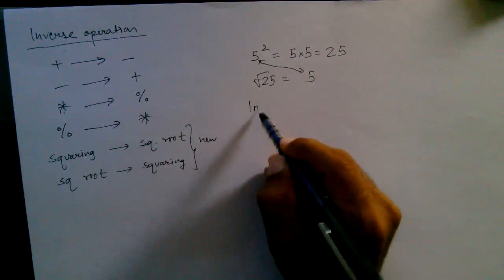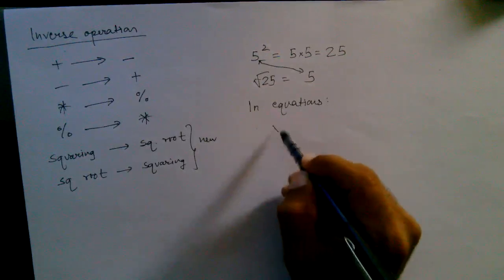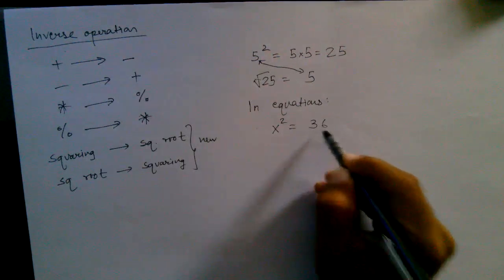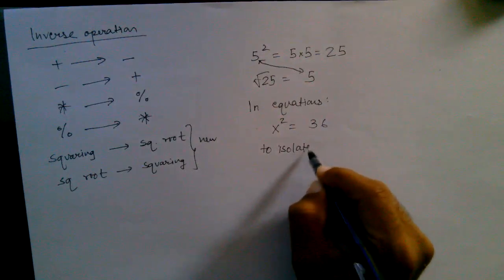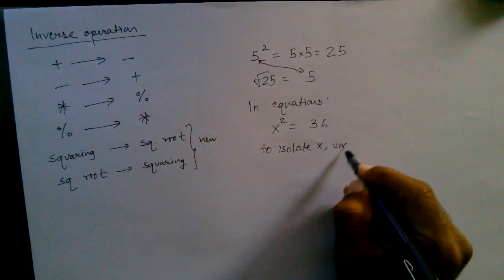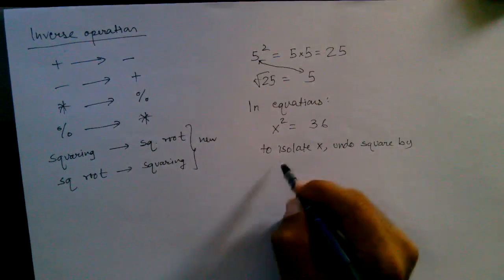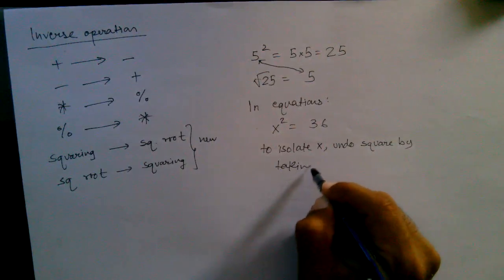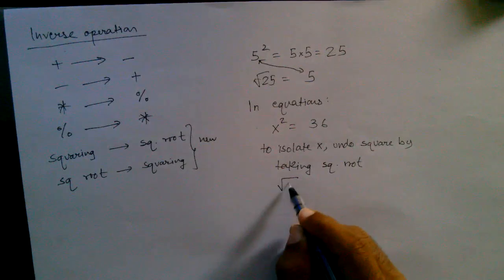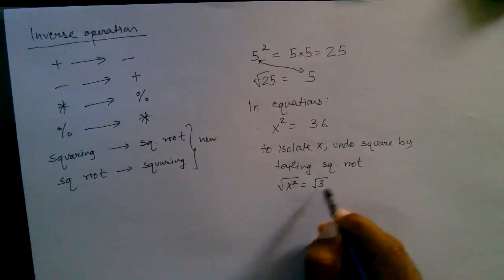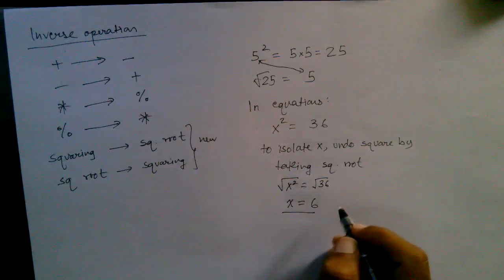So in equations, if we have, say, x squared is 36, then to isolate x, we can undo the square by taking square root. Now when I take the square root, I get square root of x squared is square root of 36, and this comes back to x equals 6.